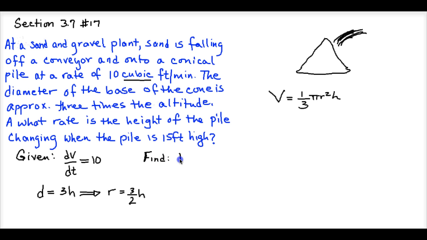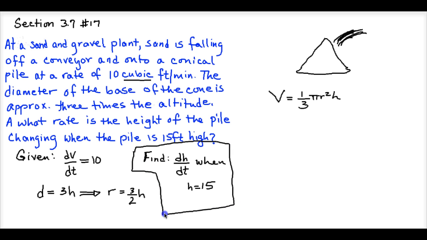That's going to be dh over dt. And they want us to do this when the height is equal to 15. So these are the few things that we have been given.